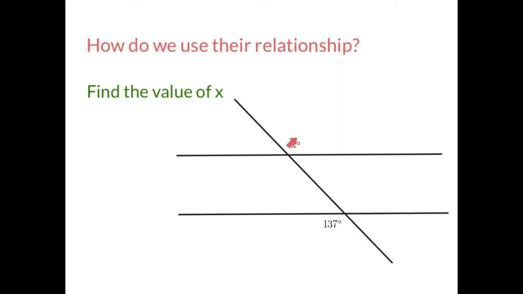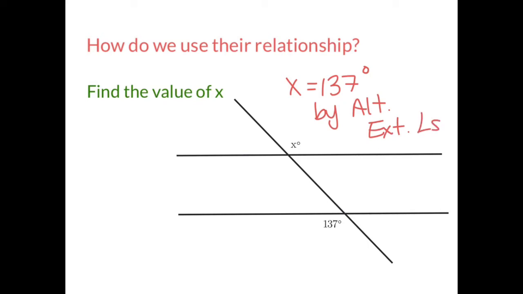So they are alternate exterior angles, which means that they are congruent. So I can say that x equals 137 degrees by alternate exterior angles. Okay, so no work. Just from their placement, I know the value of x.